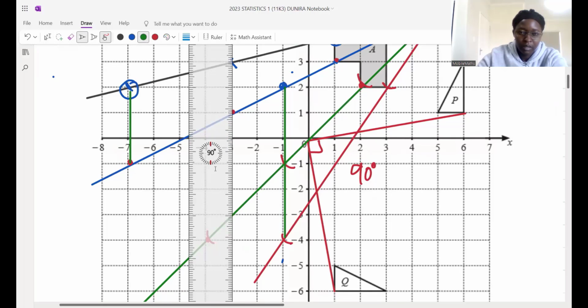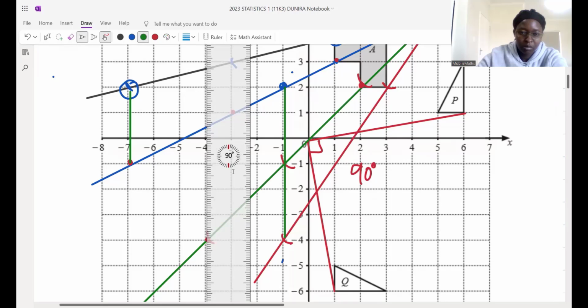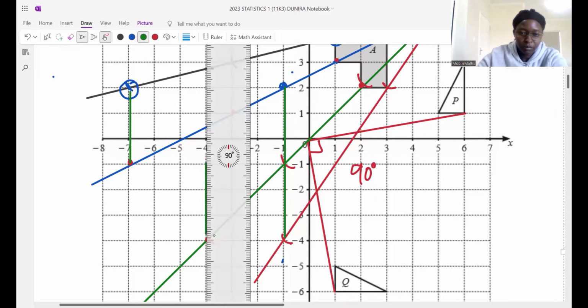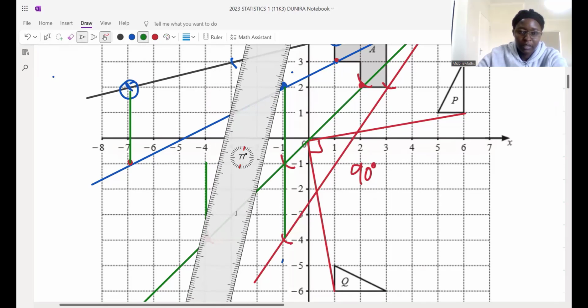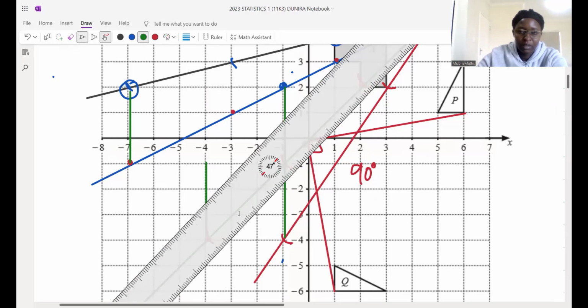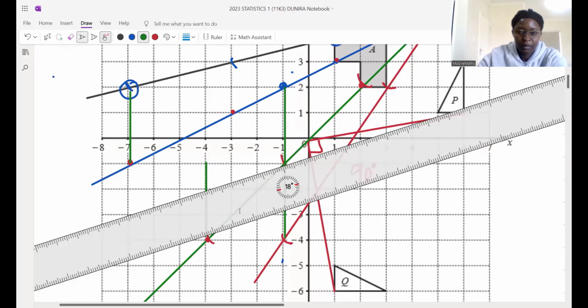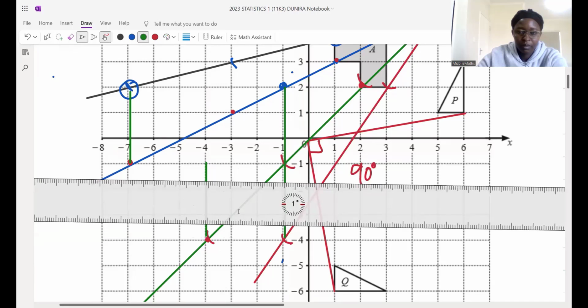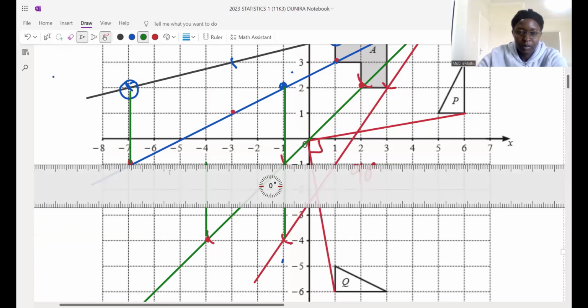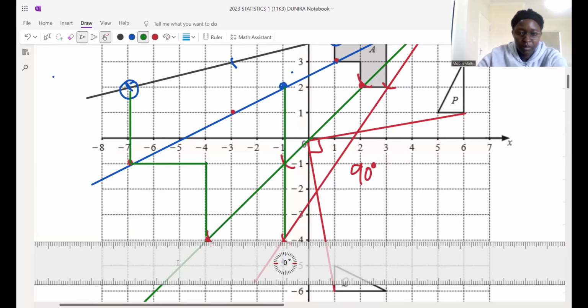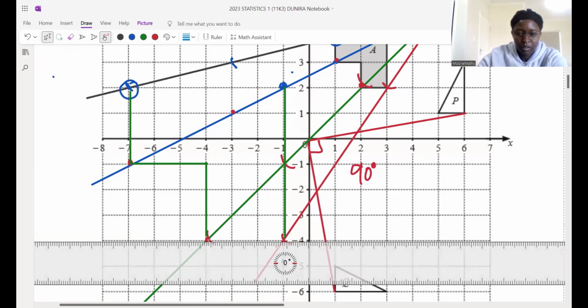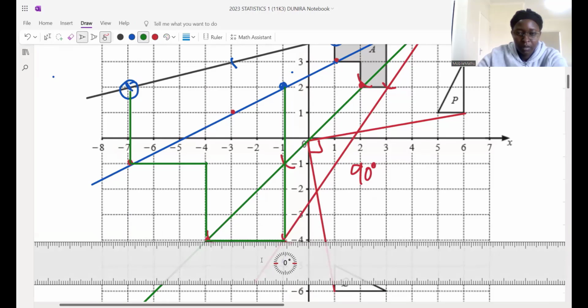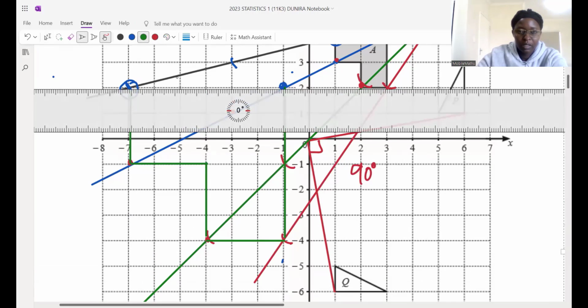Then we can also pass through this one. Okay, and let's finish the last parts. Then it's passing through here, passing through here, and then lastly, yeah.